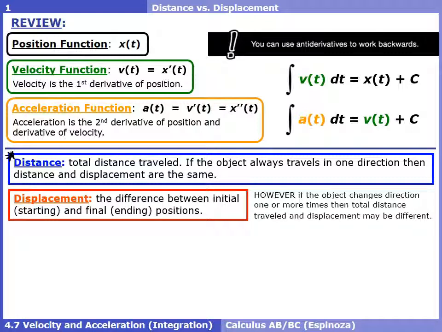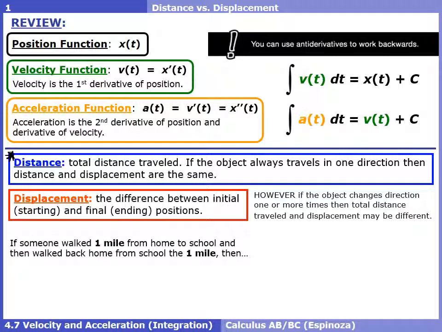And luckily, distance, or total distance traveled, is something we all understand. So hopefully these two examples will illustrate real quick the difference between total distance and displacement. If someone walked 1 mile from home to school and then walked back home from school that same mile, how would distance and displacement differ? Well, total distance would be 2 miles.